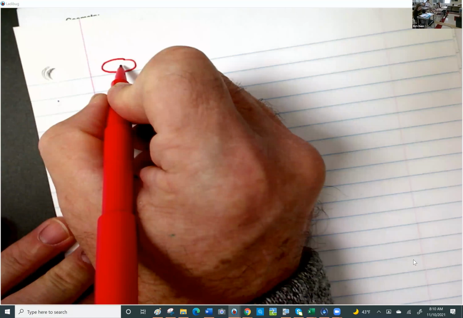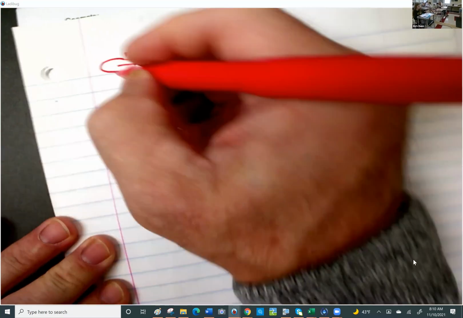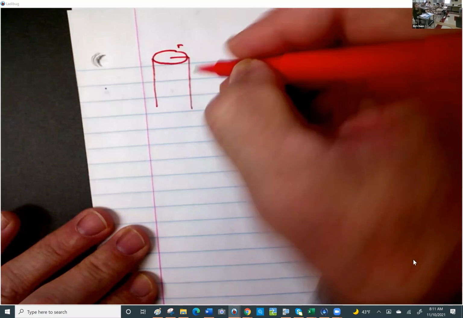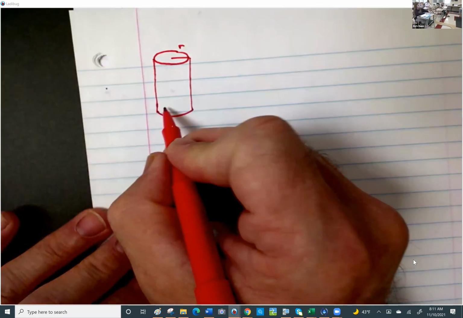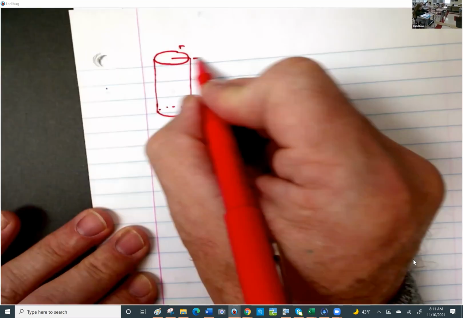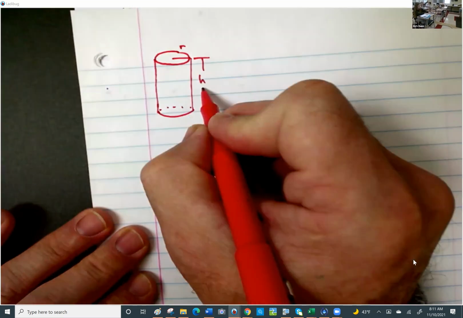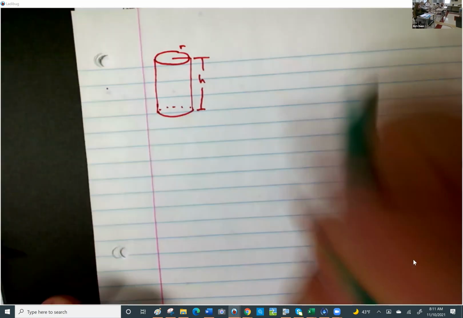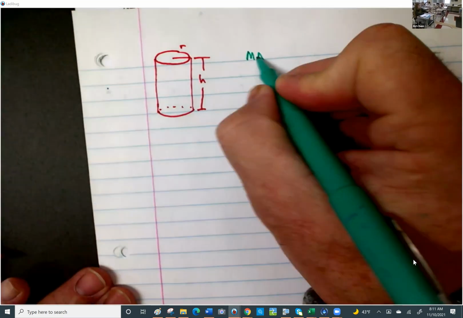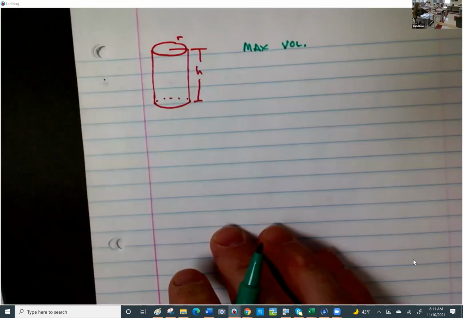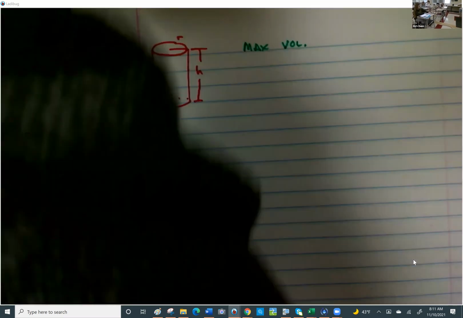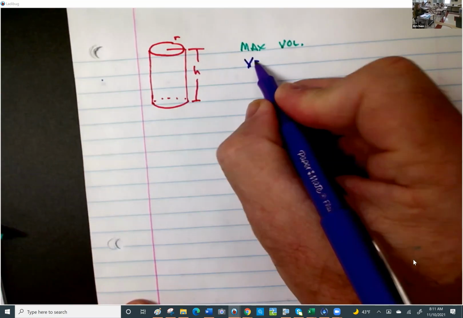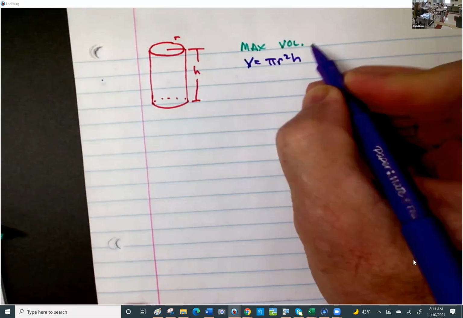We have a radius that will change if we want to change the package, and we have a height. It gave it away by saying, hey, let's do a maximum volume. The volume for a cylinder is pi r squared times h.